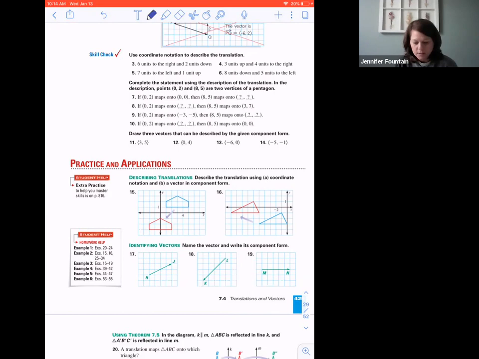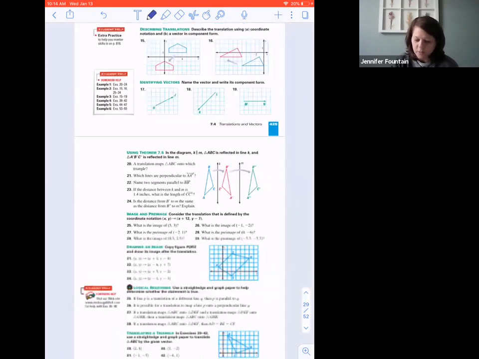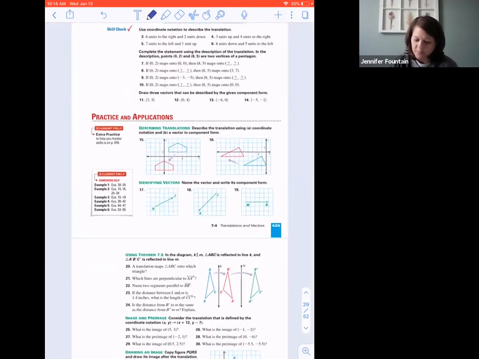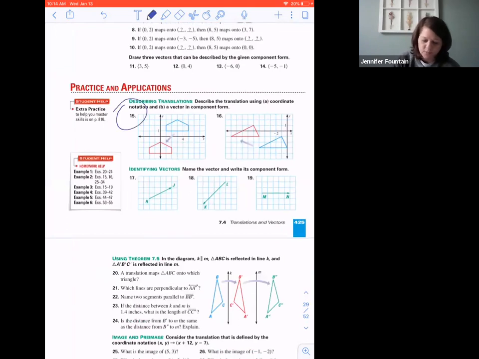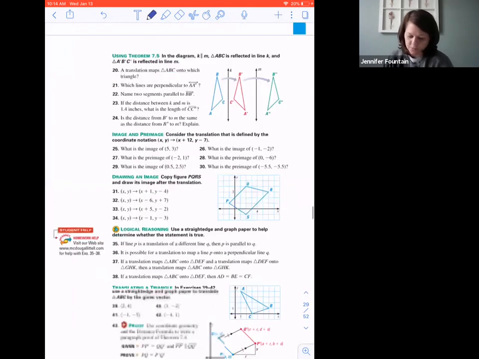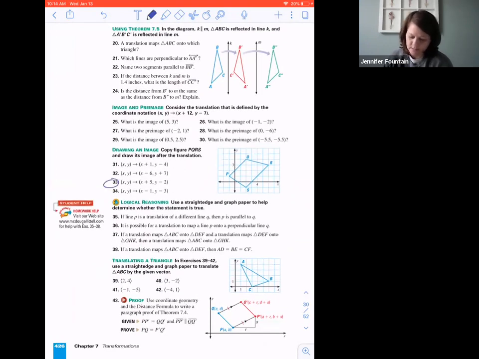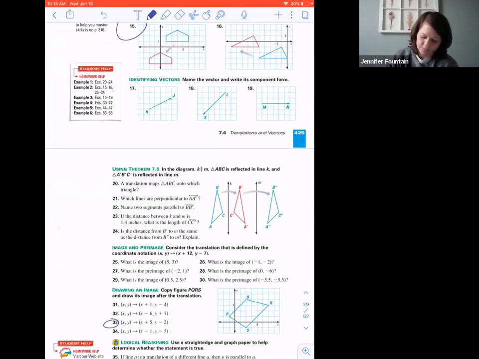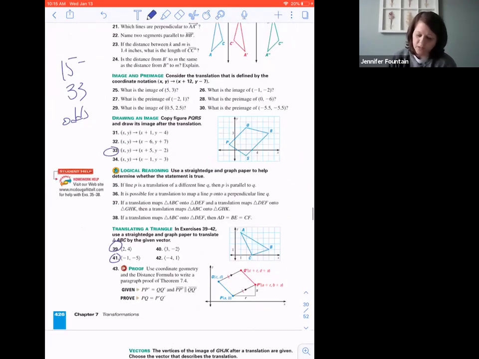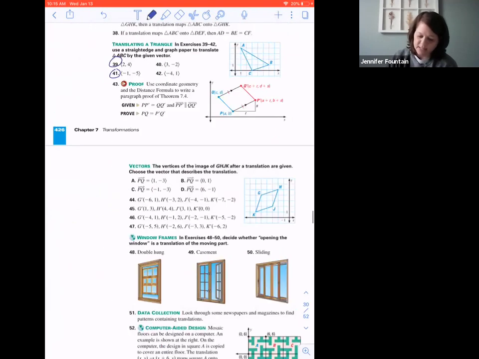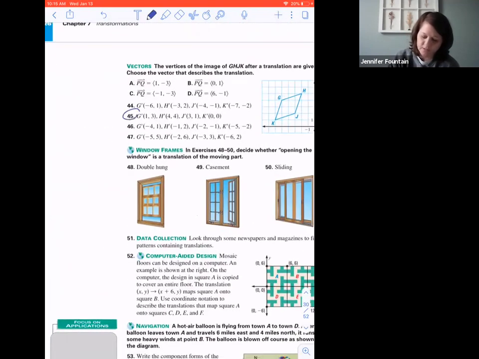Okay, so this is where our homework is going to be numbers, what did I say, 15 through 33, odds, and then 39, 41. So 15 through 33 odds. Then we have 39, 41, and then jump to the next page, and we've got 45 and 47.